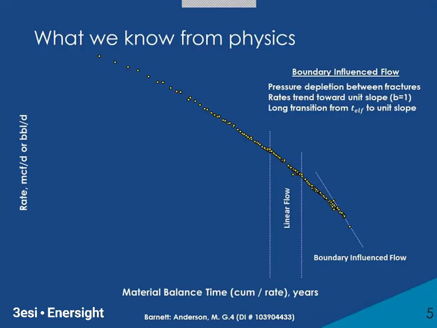I say boundary influenced because there will be more than one boundary. The boundary may be a pseudo boundary due to other well production, but it will be a boundary, and as all of the boundaries start to affect, in other words, all of your fractures are communicating with one another, then you are into fully boundary dominated flow. So that's the physics of the problem.